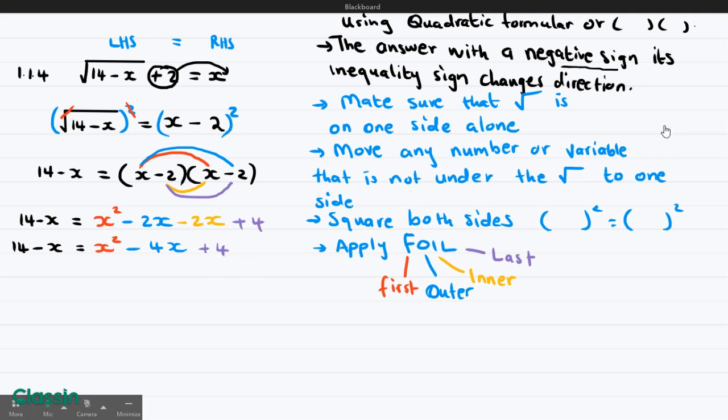Now, if we write everything in black, we will have x squared minus 4x plus 4 minus 14 plus x, all equal to 0. So I took 14 here to the other side of the equal sign. I also took this negative x and I also brought it this side. So it will change from negative to positive.